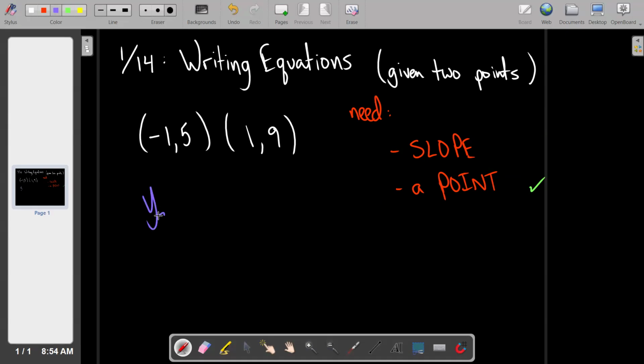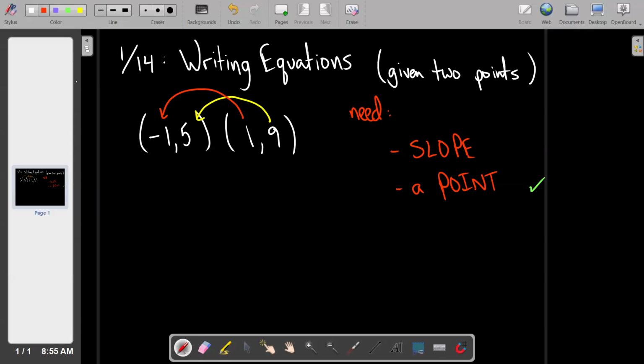You do this. And I try not to write that formula too often because it makes people think it's fancy. It is not fancy. We take this y minus this y, and then this x minus this x. That's all it's ever been.